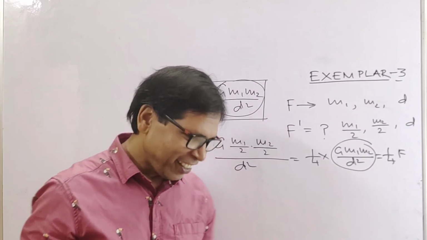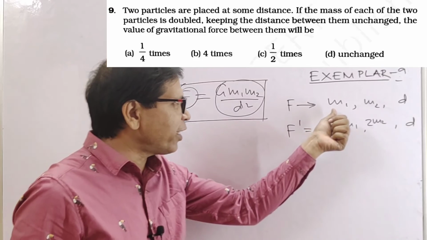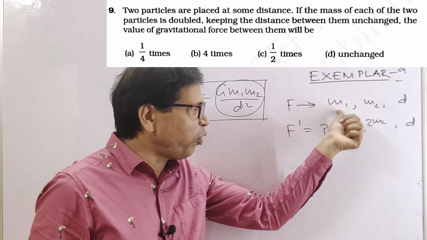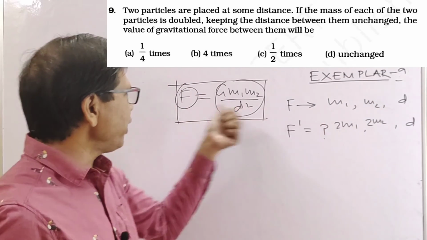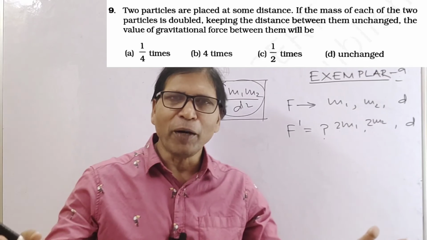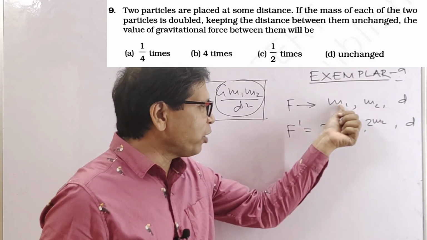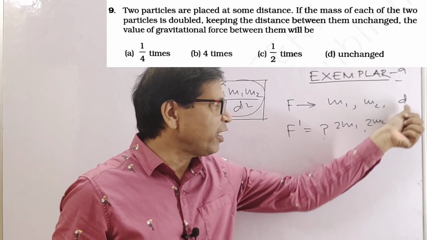Okay, next. Now exemplar numerical 9. The force of attraction between two masses m1 and m2 separated by the distance d is F. F equals G m1 m2 by d square. What will be the force of attraction if mass of each body be twice, keeping distance same? So distance is same.